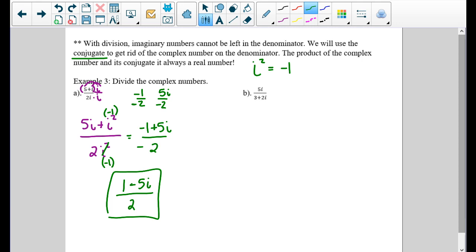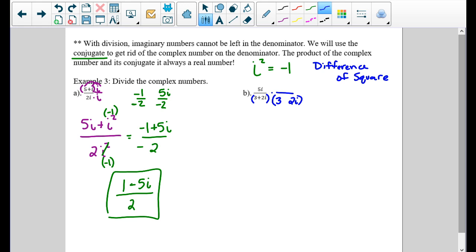But what we can do, if you remember way back, there's a thing called a difference of squares. It's the same thing, but one positive, one negative. So when I look at what I'm multiplying by here, if I have addition or subtraction, I'm going to keep the same exact numbers, same exact order, 3 and 2i, but I'm going to change the sign in the middle.